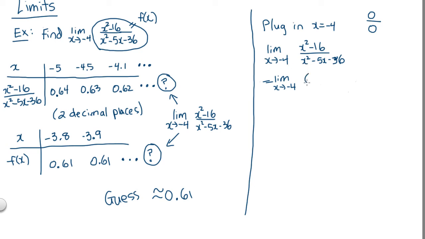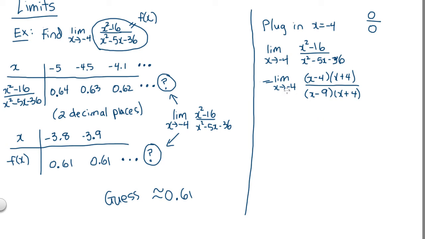So this will factor as x minus 4 times x plus 4. And in the denominator, to factor the denominator, we're looking for a couple of numbers that multiply to -36 and add to -5. So -9 and plus 4 would work. We could write x minus 9 times x plus 4.